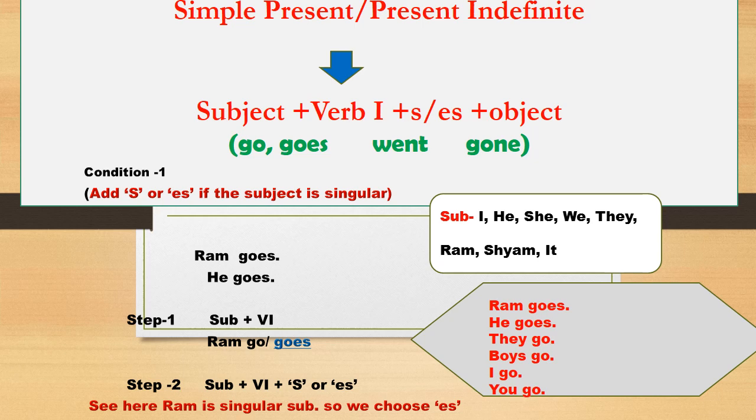Now already you are given this es verb, so would you add gos or will you choose the es verb? Automatically you are going to choose this es verb, because we know that s or es always comes with a singular subject, and already you are given this es verb, so simply you are going to pick Ram goes. Okay, and with the plural subject you will not use es, so it would simply be boys go.